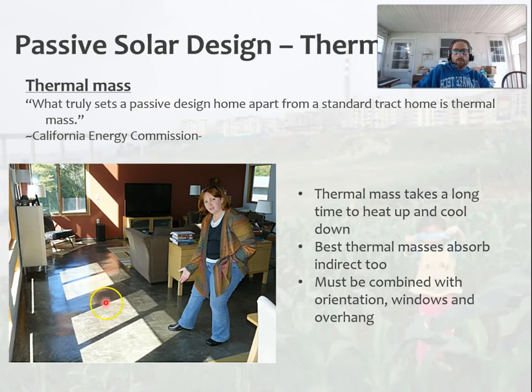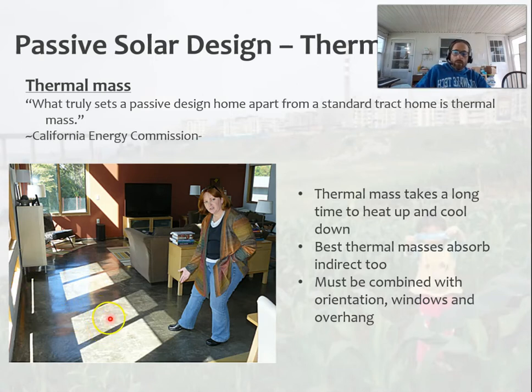So what happens when you have a thermal mass is that sunlight hits the floor, and instead of getting hot really quickly, like a tile would do, certain types of tile, like ceramic tiles would do, or engineered flooring, it slowly heats up. So what it does is this will slowly absorb that sunlight throughout the day.